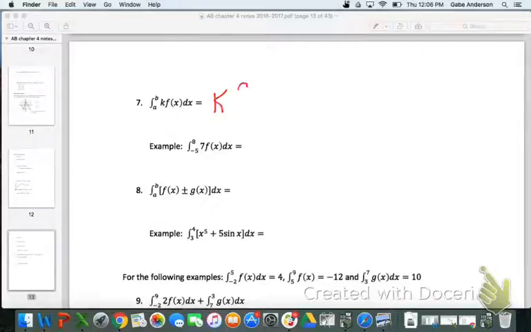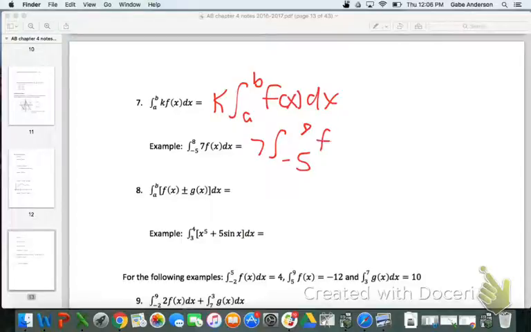K integral from a to b of f of x dx. You can do whatever you need to do with the integral, multiply the k back in the end. So the example, what needs to come out in the example? The 7 gets to come out. That's a constant multiple. So 7 integral from negative 5 to 8 of f of x dx would be that property there.